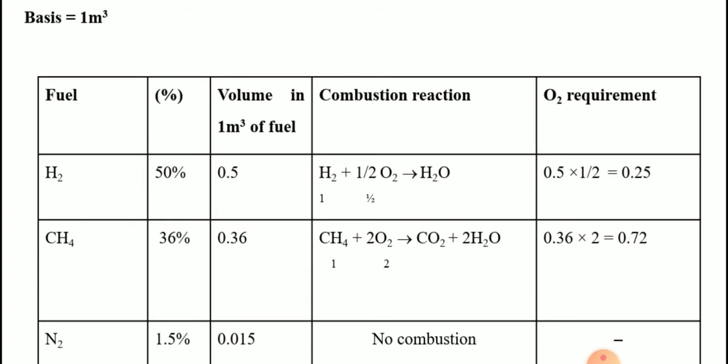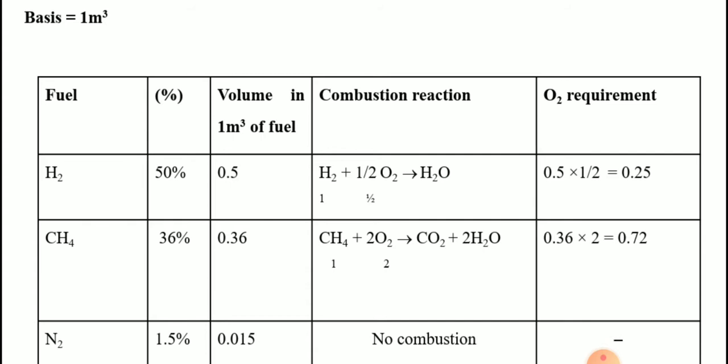Hydrogen is 50% in 1 meter cube, so 0.5. For the combustion reaction of hydrogen, 1 meter cube of hydrogen requires half meter cube of oxygen. So 0.5 meter cube of hydrogen will require half of that oxygen. The numerical value of oxygen requirement is 0.25.